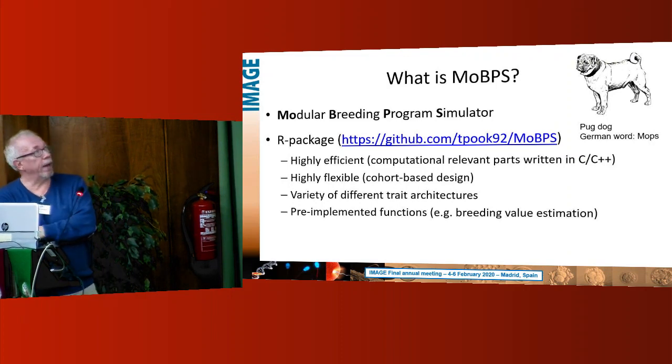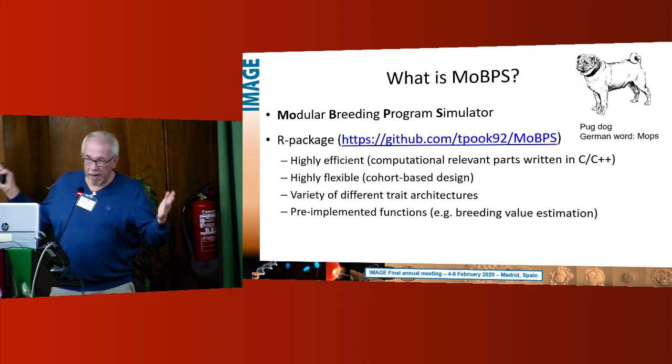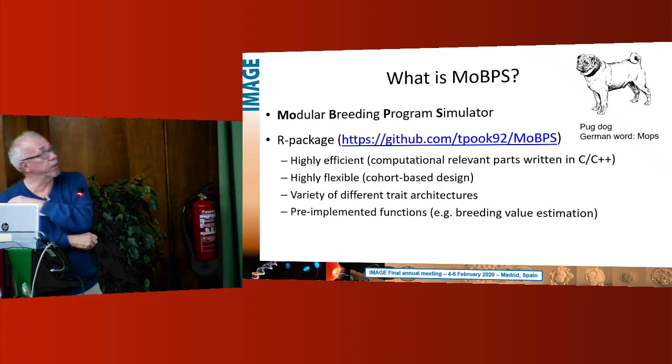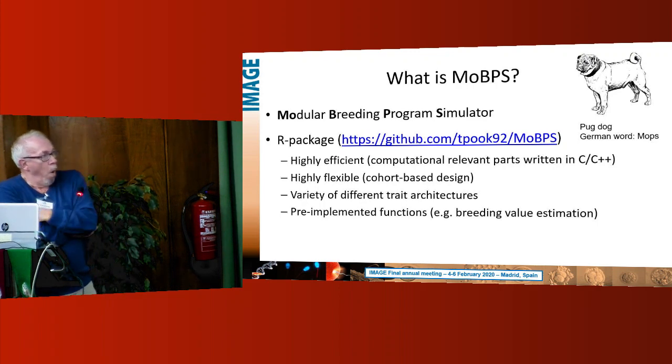And it's actually in our package, which is uploaded on GitHub, and which is programmed highly efficiently, so it uses C and C++ for these big things like genotype matrices and so on. It's highly flexible, it supports a variety of different trait architectures.